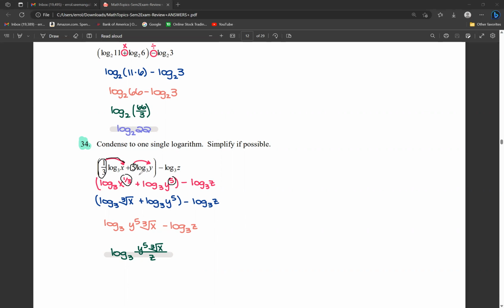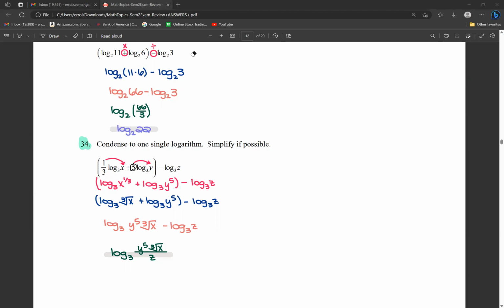And now you've got addition. So from this step to this step, all she did was rewrite the x to the 1/3 as the third root.